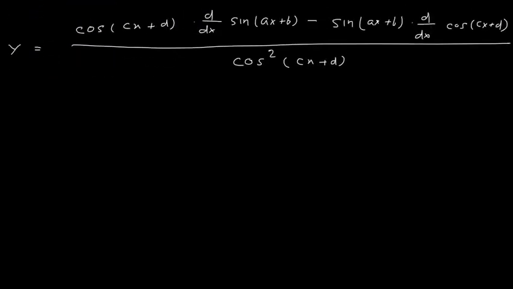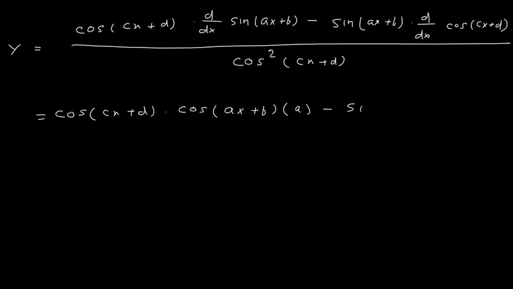Now this cos cx plus d will be as it is, derivative of sin is cos, so you will write cos of ax plus b. Now you have to keep in mind that this is a composite function, so you have to differentiate this inner function which is ax plus b. So derivative of ax plus b is a, because b is a constant term, derivative of constant is 0.